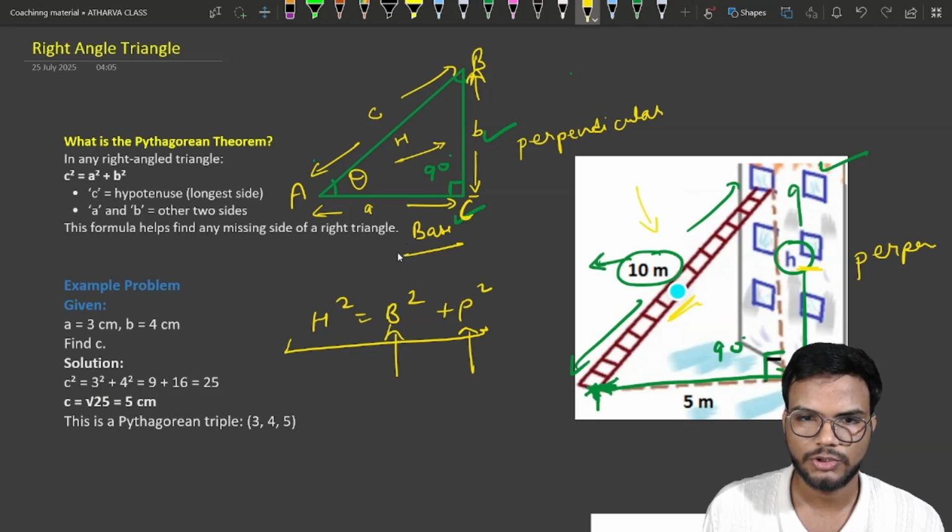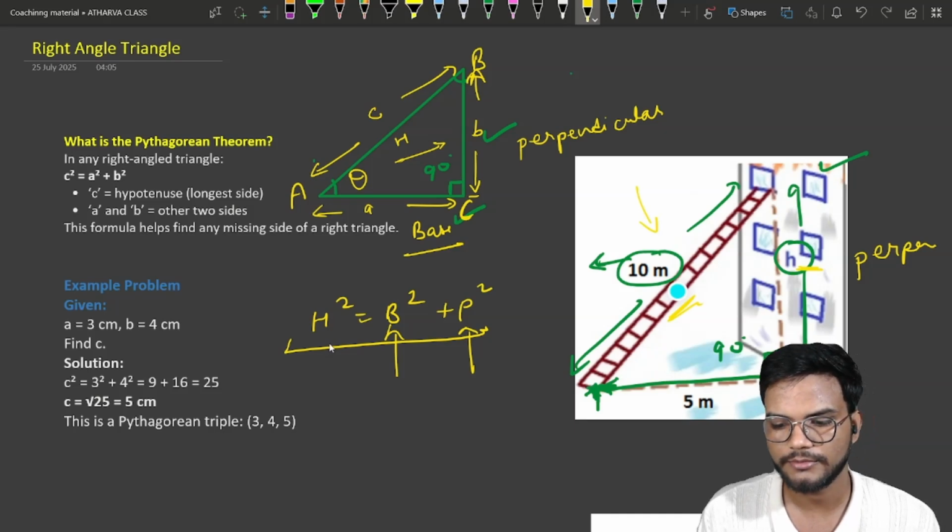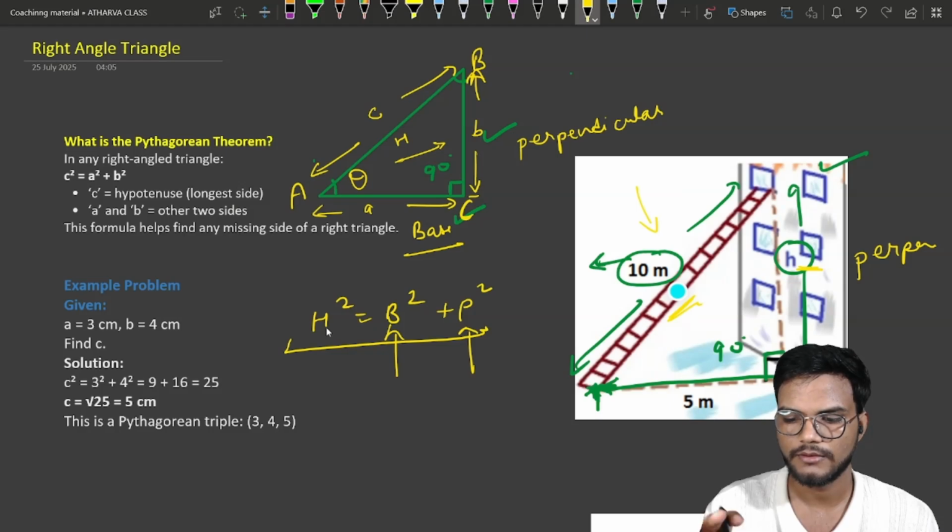All right, so there is the rule, or you can say the theorem, where you are going to use c square equals a square plus b square.